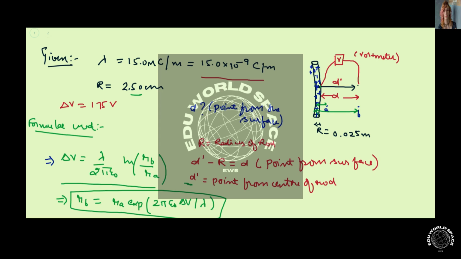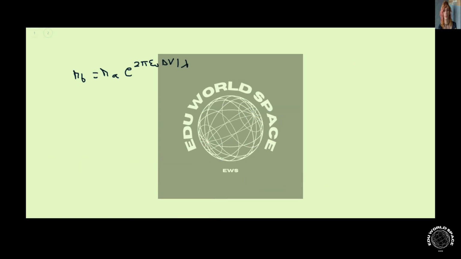We know the potential difference between the surface and this point, where we have to find the distance. So we use ra as the surface radius, capital R. This becomes R times exponential of 2 pi epsilon naught times delta V, which is 175 volt, over lambda. Lambda we know.